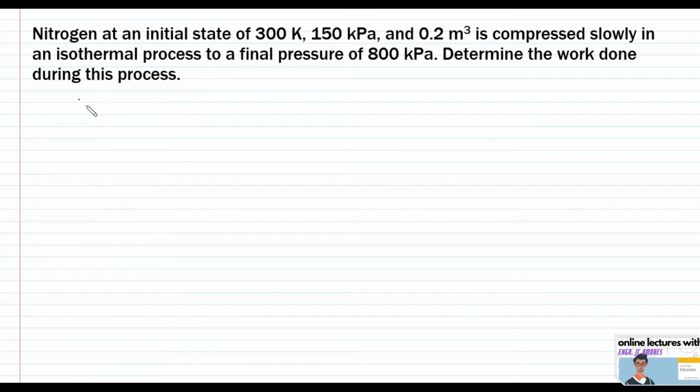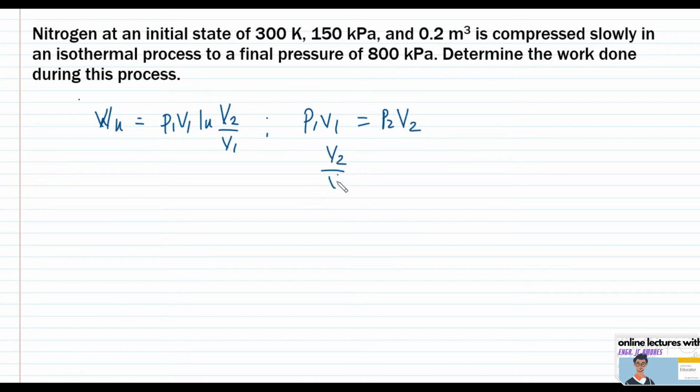So as I've told you, the work done here would be equal to your P1 V1 times the natural logarithm of V2 over V1. An alternative formula here is we could replace V2 over V1 by pressure, because P1 V1 is equal to P2 V2. Therefore, V2 over V1 would be equal to P1 over P2.